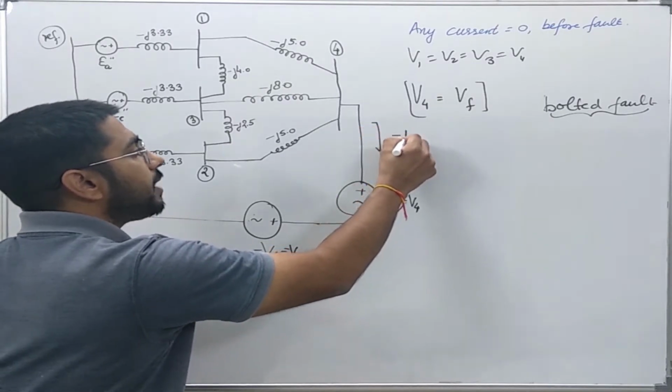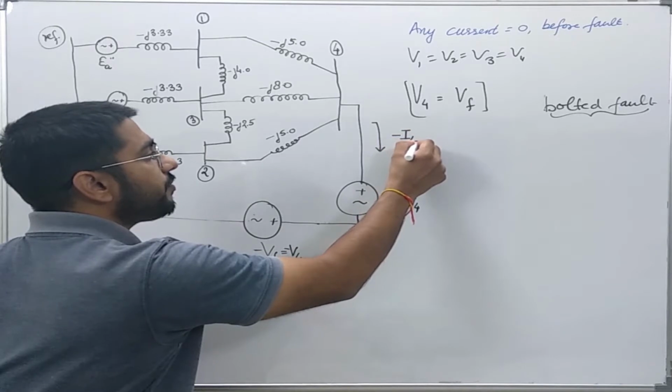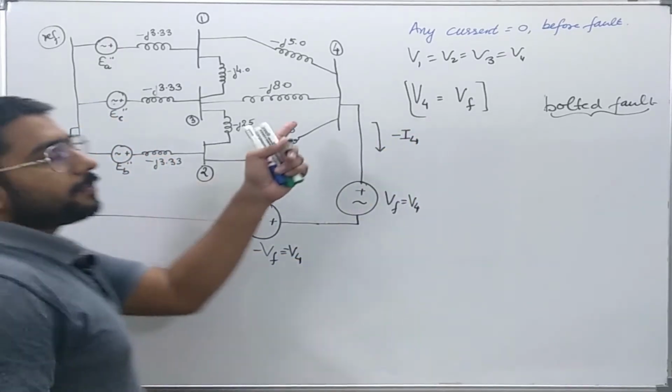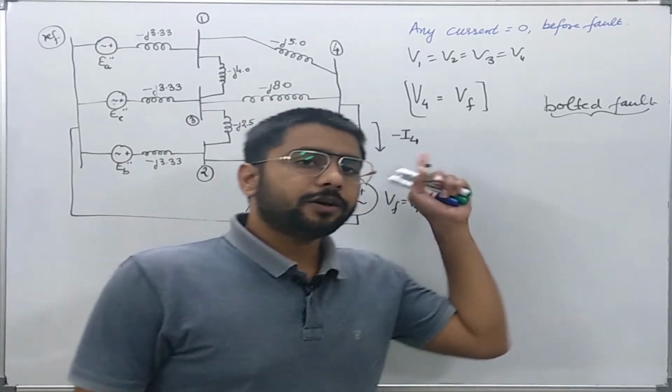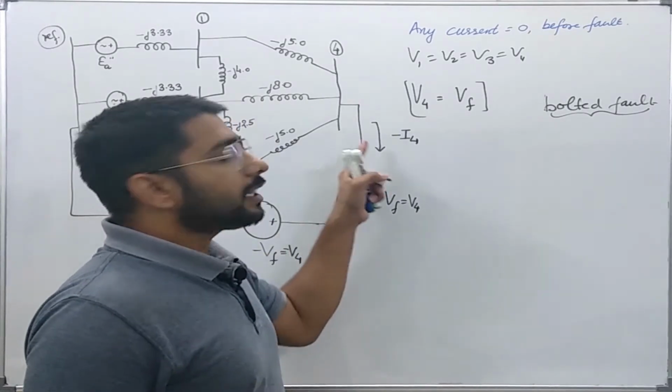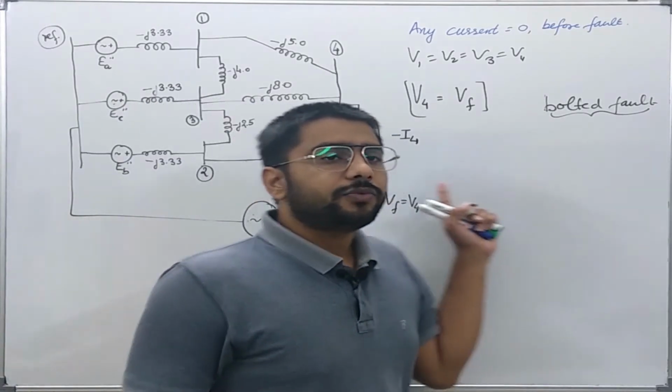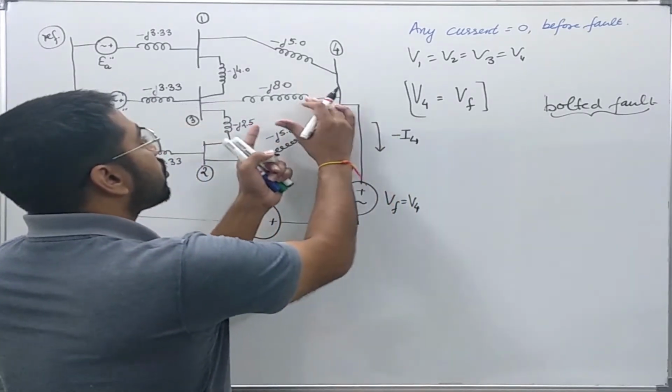It will be equal to minus I4, because usually in the study of power systems, we take the positive sign for the currents which are entering into the node.